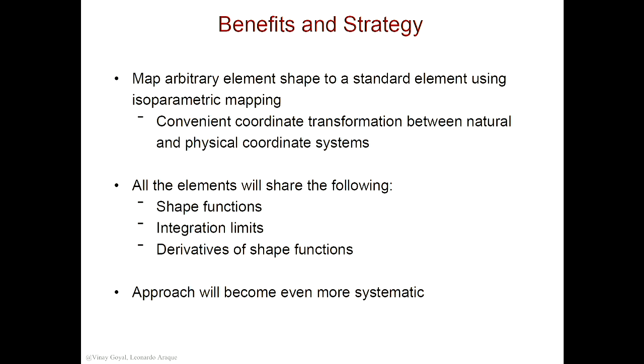This element type has the same shape functions and derivatives, so I can store that information in the code and only worry about the geometry. So I'm basically decoupling the geometry from the problem. Do you see what I'm saying? We're decoupling the geometry out of the problem and tackling the geometry separately.